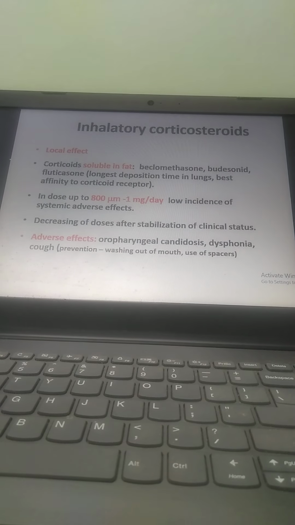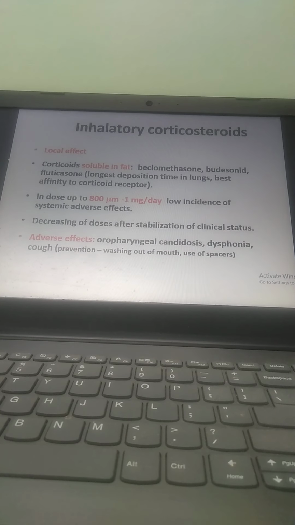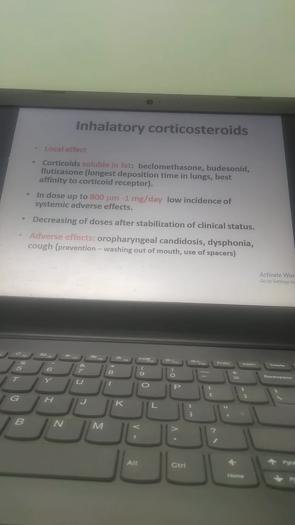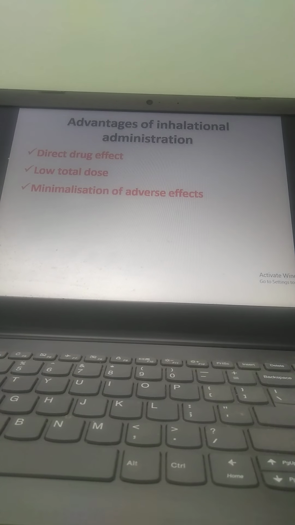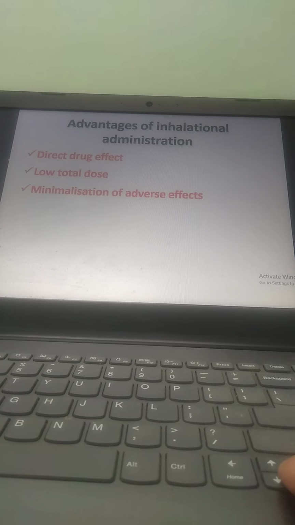Adverse effects are oropharyngeal candidiasis, dysphonia, and cough. Prevention: washing out of the mouth, use of spacers. So there are adverse effects even in the oropharyngeal cavity. Now, the advantage of inhalation administration is direct drug effect, low total dose, and minimization of adverse effects because of that.